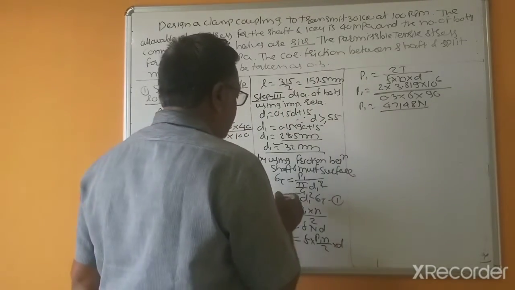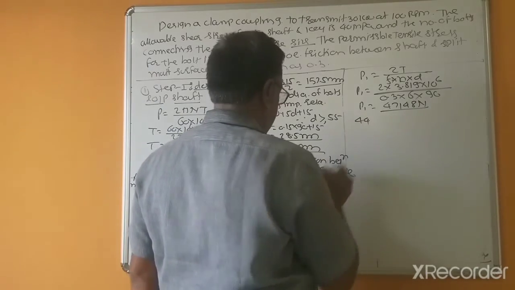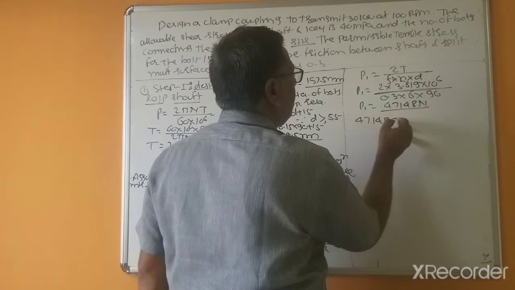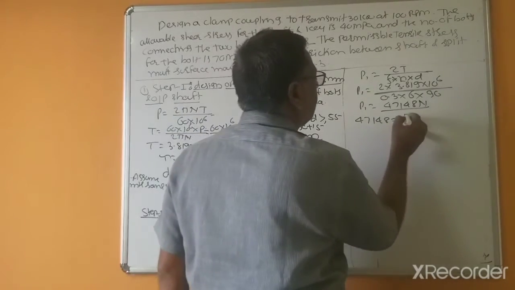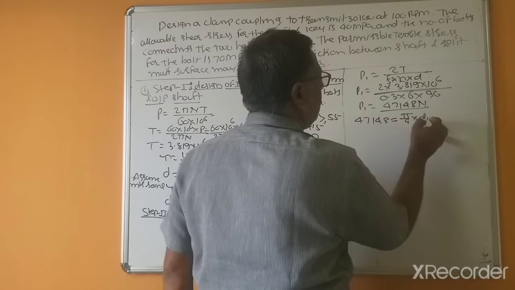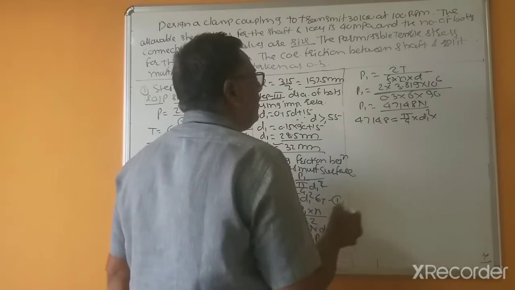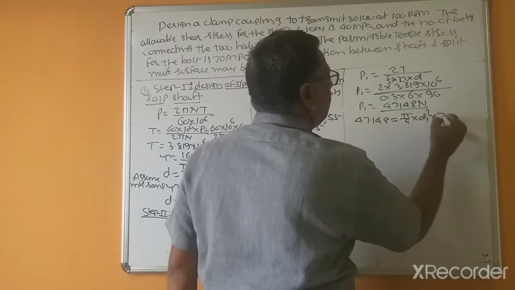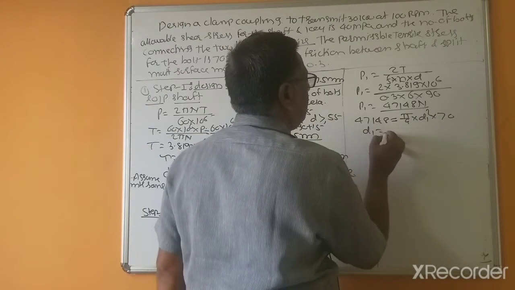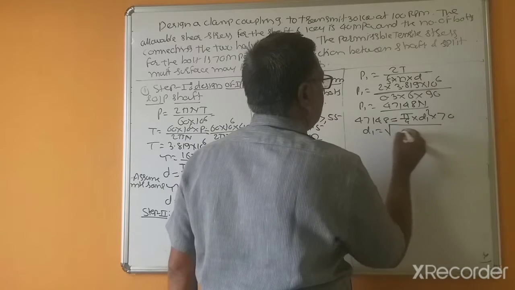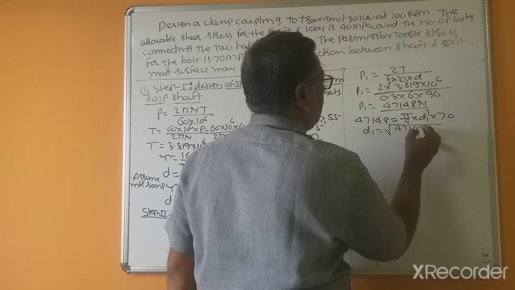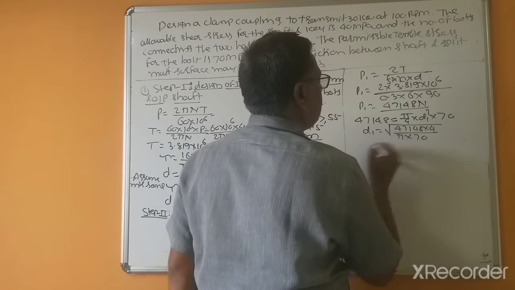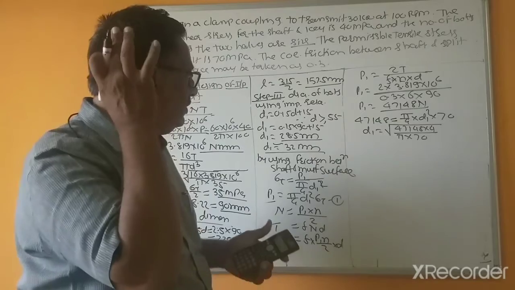Now by using this relation, 47148 equal to pi by 4 d1 squared sigma t, which is given as 70, d1 equal to the square root of 47148 multiplied by 4 divided by pi divided by 70.